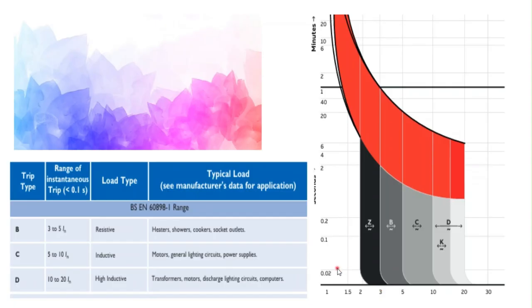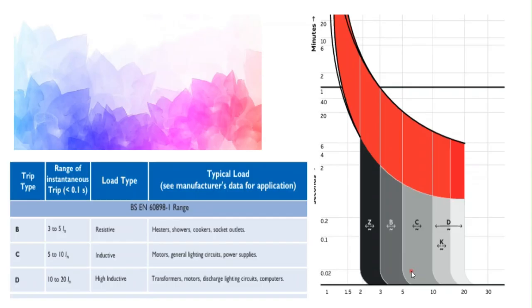Since I have connected a transformer in the secondary, the transformer or let's say the motor current will shoot like this and then it will decay. When it shoots, it will cross the 3N as well as the 5N, and the moment it crosses 3N, the tripping mechanism of the MCB will start and it will trip the circuit.